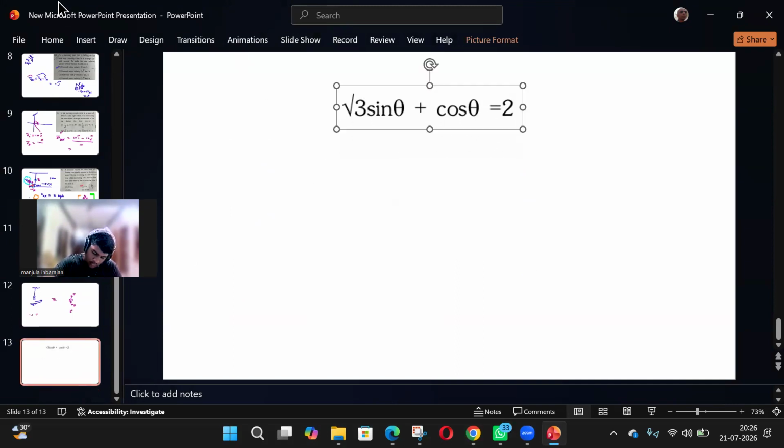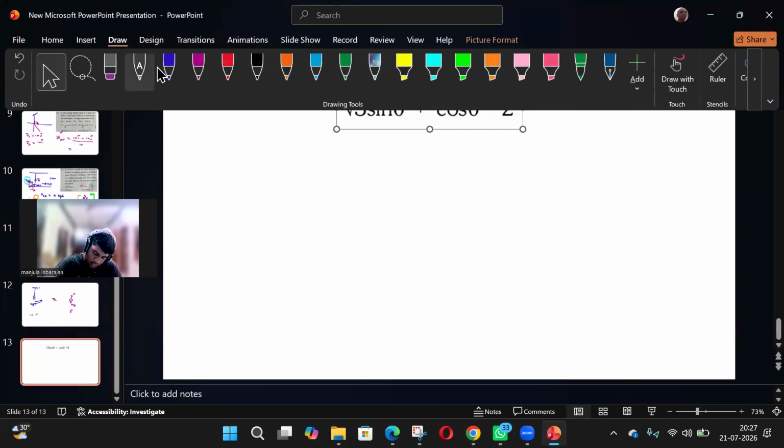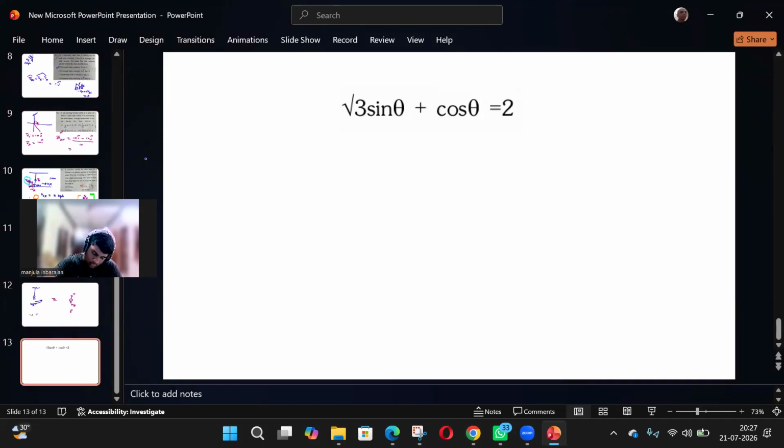This is the standard way of maximizing this. So it can be rewritten as root 3 by 2 sine theta plus half cos theta.